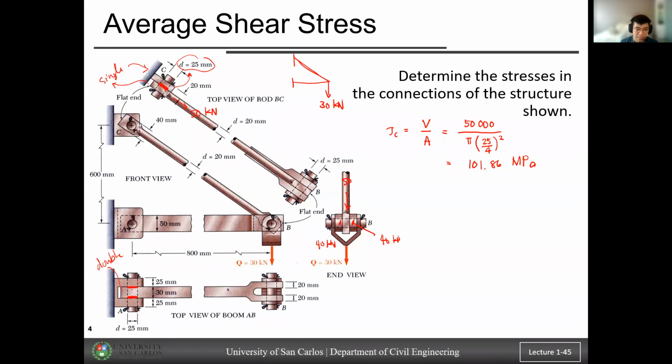So as you can see here, you have double area. Coming from the last problem, let's say it's 40 kilonewtons as per the slide.